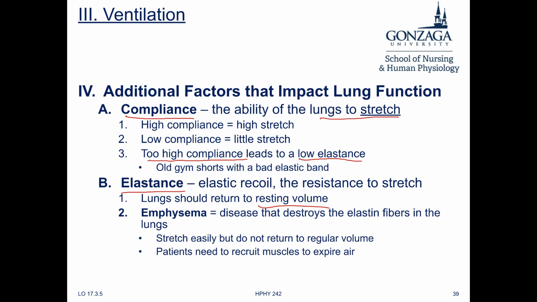It's a type of connective tissue, and the elastin fibers are destroyed in the lungs, and as a result, they can stretch. These lungs can stretch very easily, so they have high compliance, but they don't return to their regular volume, and as a result, it's more difficult for these patients to expire air, so expiration becomes more and more active over time.